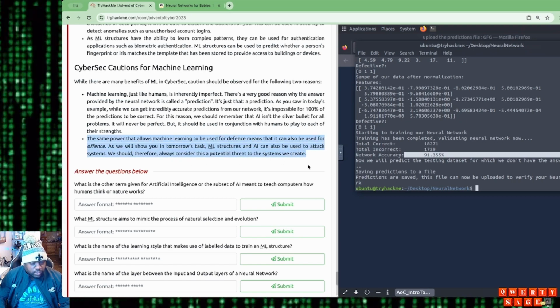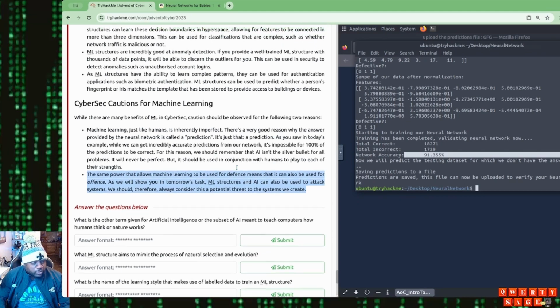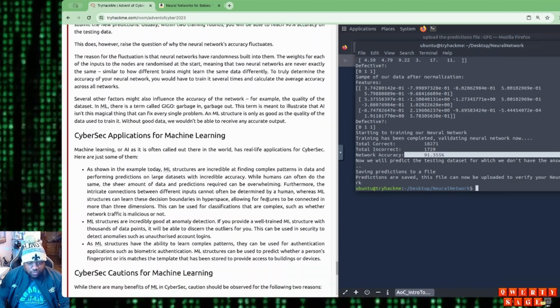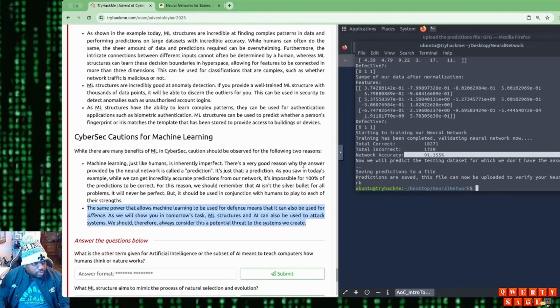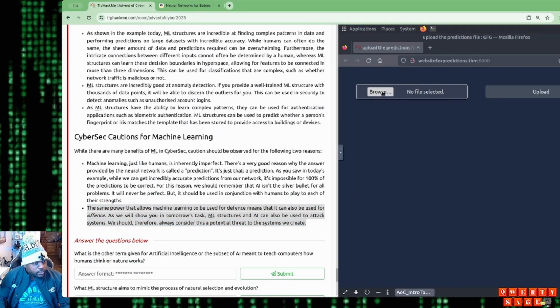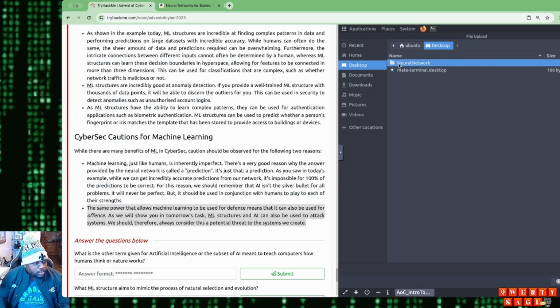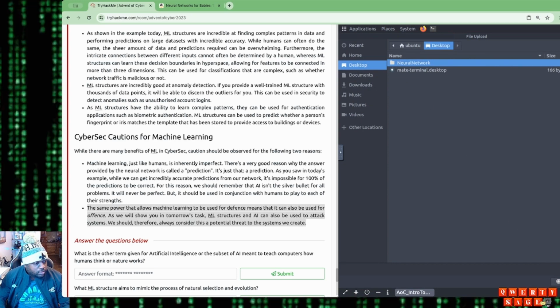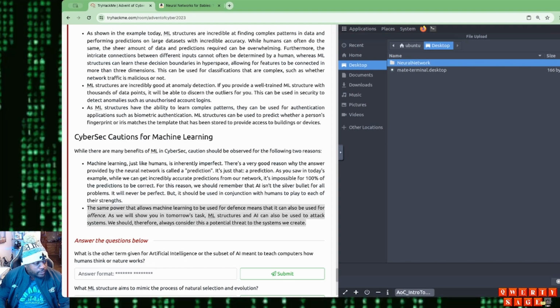All right. That's one way to pump me up for tomorrow, tell me that we're going to use AI to hack stuff. Okay. I think this is our file.